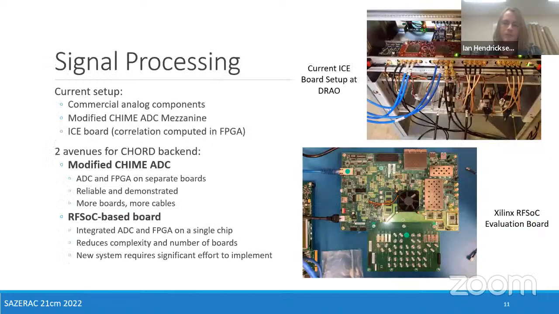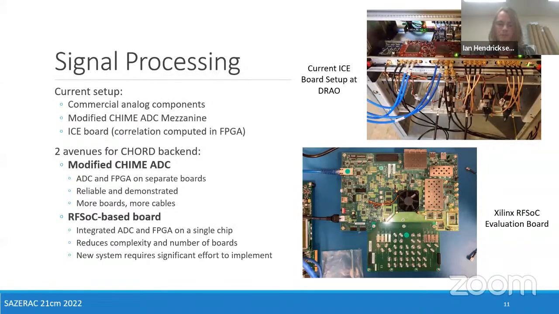So on the signal processing aspect of the experiment, we currently have commercial analog components that apply filtering and amplification that feed a modified CHIME ADC mezzanine, which then feeds an ICE board. So for those of you who may be unfamiliar with the ICE system, ICE is essentially the so-called F engine of other experiments.